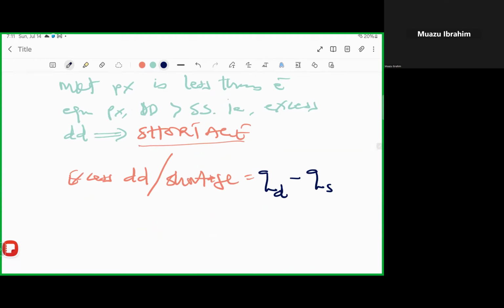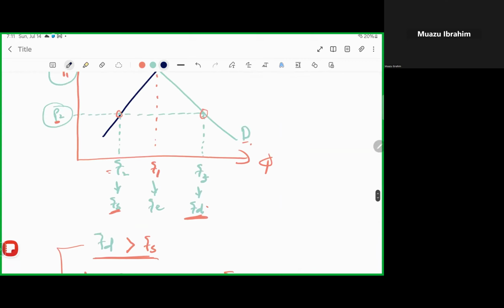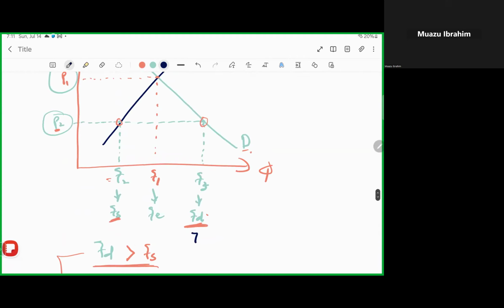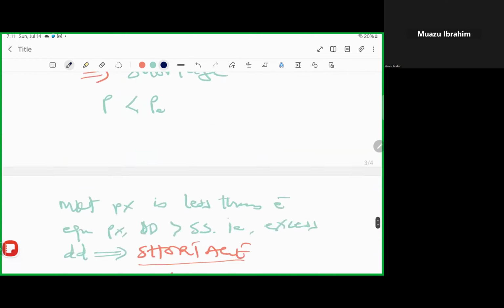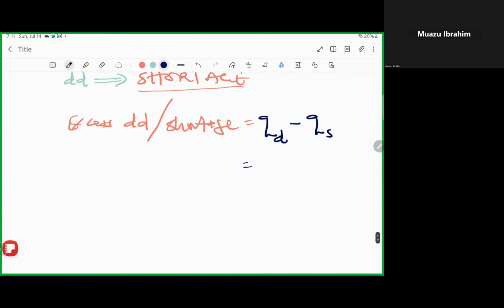So if, say, quantity demanded is 7, and quantity supplied, because it has reduced, is 4, then the amount of shortage in the market will be 7 minus 4, which is 3. So there is shortage of 3, maybe 3 kilograms or 3 bags of whatever goods you are looking at.